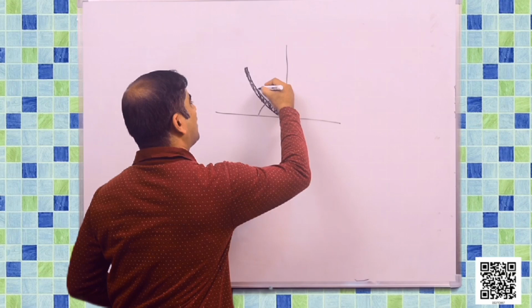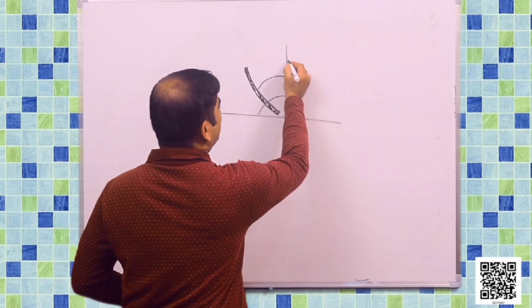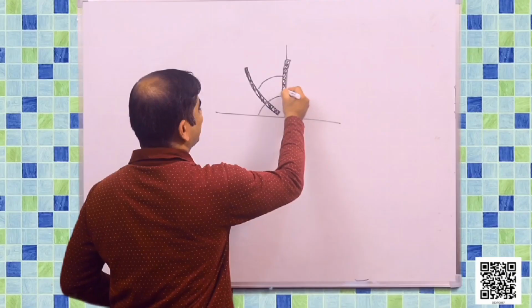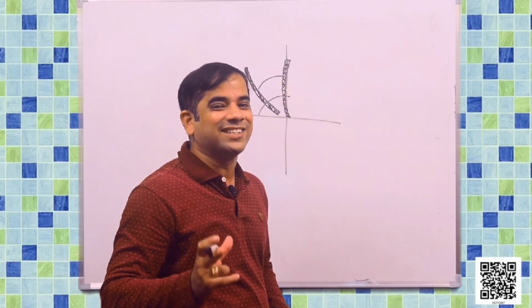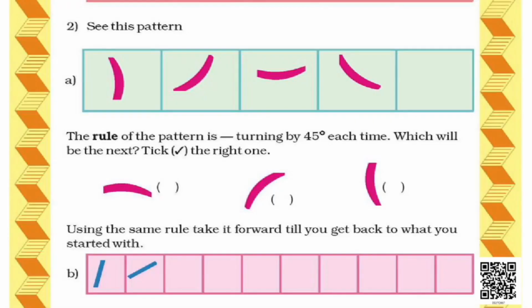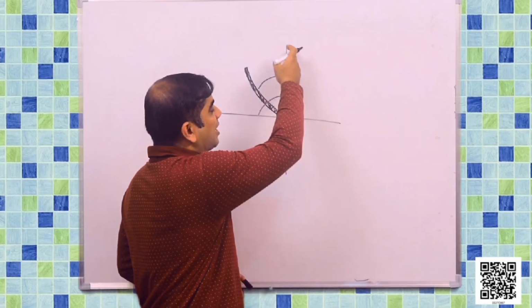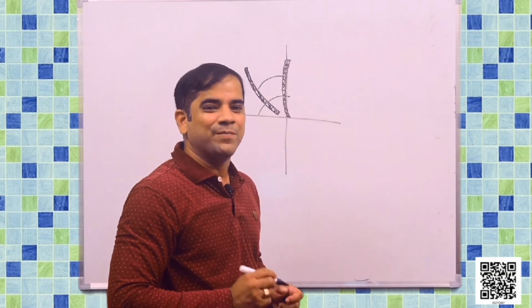So it has to turn from here up to here and it will be at this position. So now you can clearly get your answer, isn't it? It's option 3. So after a 45 degree turn clockwise, the picture will reach this position, which is nothing but your option number 3.